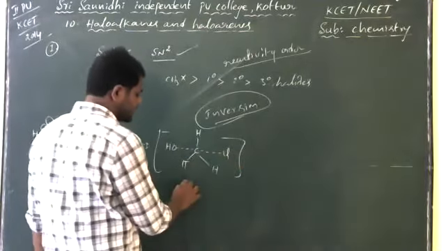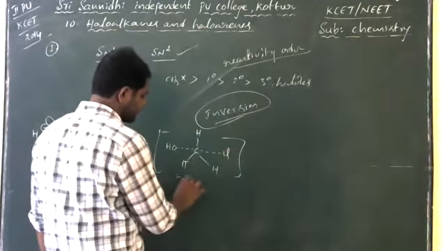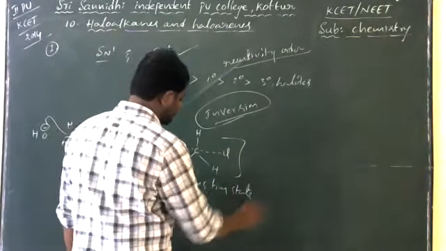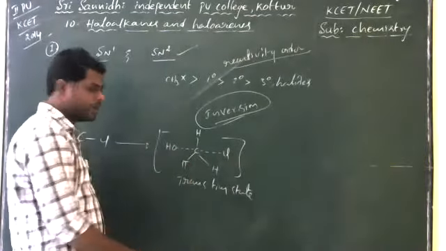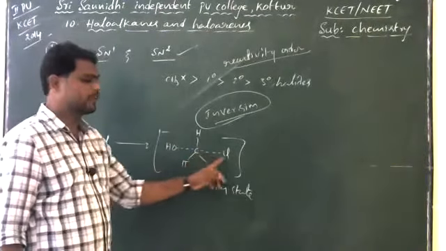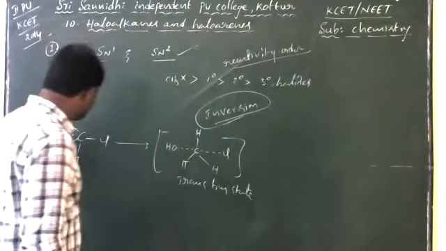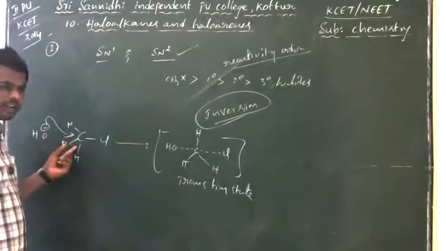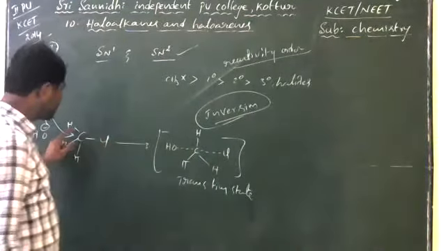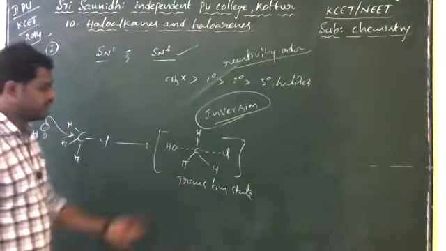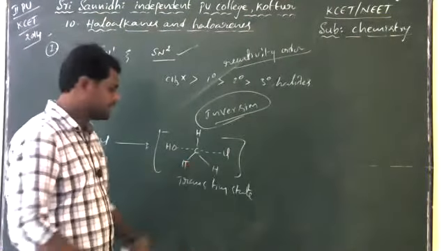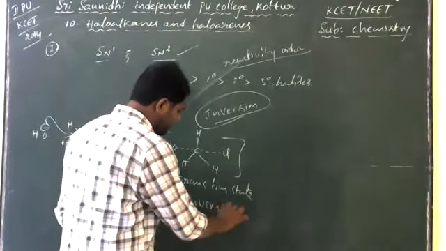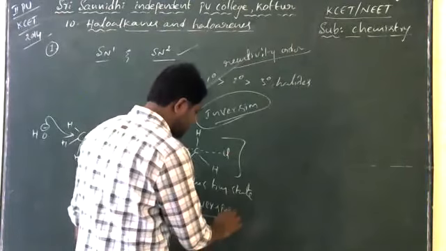Whenever the OH minus nucleophile attacks the backside of the methyl chloride, the three carbon-hydrogen bonds move away from each other and settle like an umbrella structure. That configuration is called inversion of configuration.